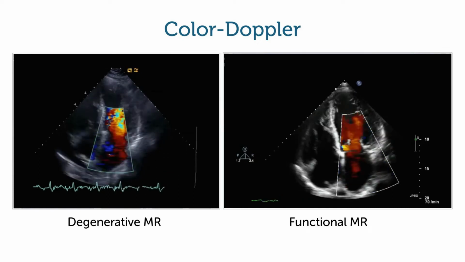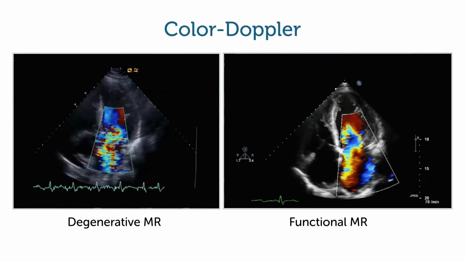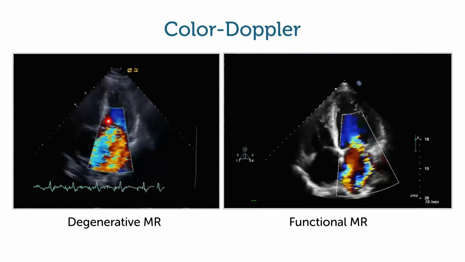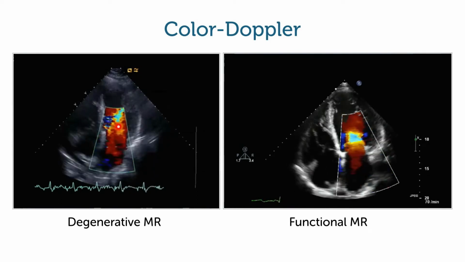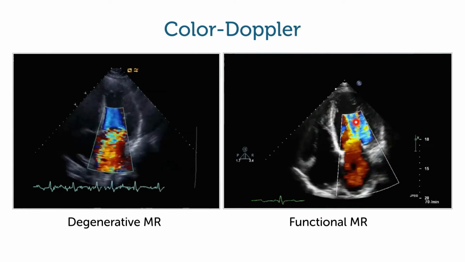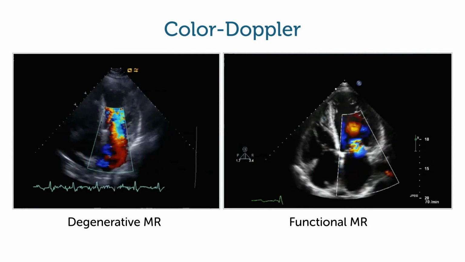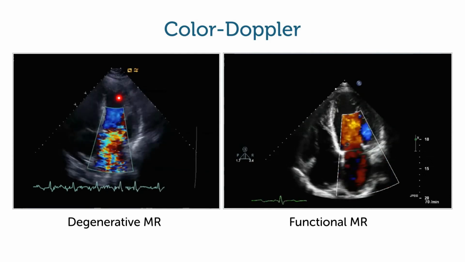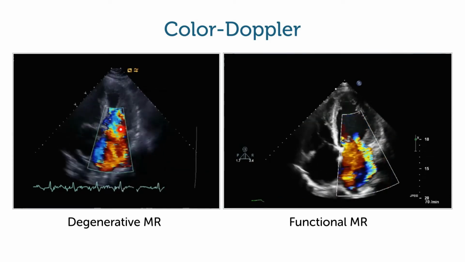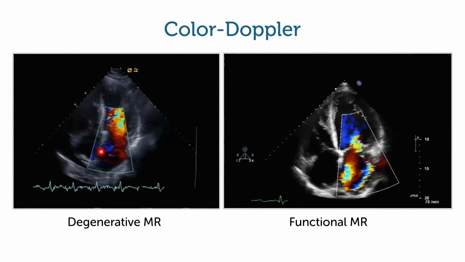Well, the first thing we see is a lot of color entering the left atrium. So almost half of the atrium is kind of full of color here, and this is true for both cases. The other reason is that we have a lot of flow that comes here already before the valve. You see right here, there's what we call flow convergence.